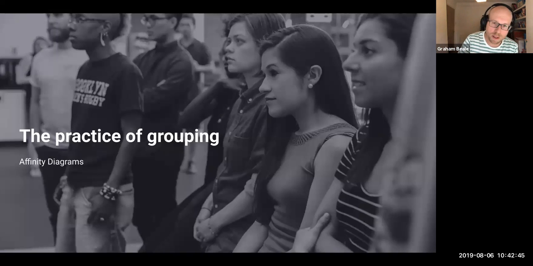So once we've got all of these cards, we're going to get to a point where we start sharing them with each other, introducing them, making sure we all understand them, and then we're going to start grouping them. And this is where we are starting to draw out patterns. We're trying to understand where there are things that are happening more than once.